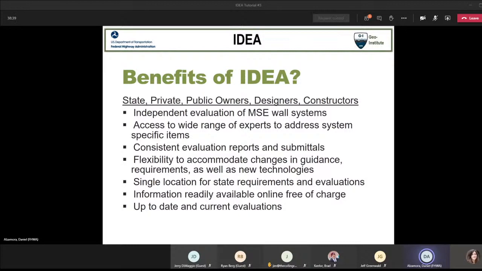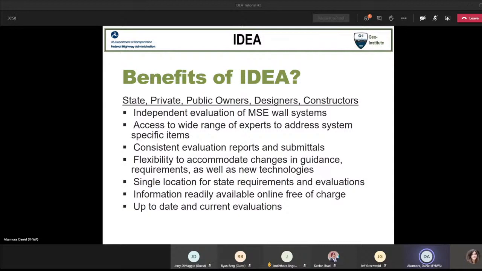The reports in the submittals are consistent. The submittals that are prepared and presented to the evaluation team are part of the reports that are prepared as appendices, and these are going to be more consistent from one system to another.